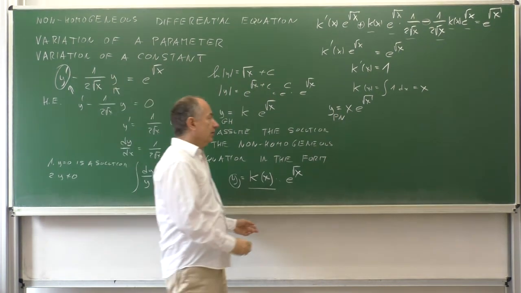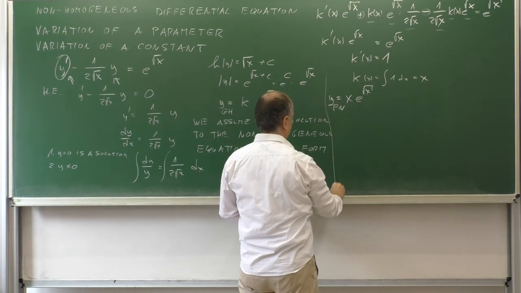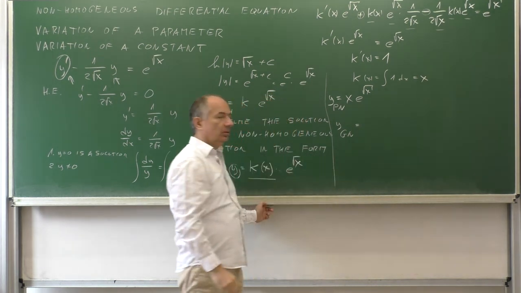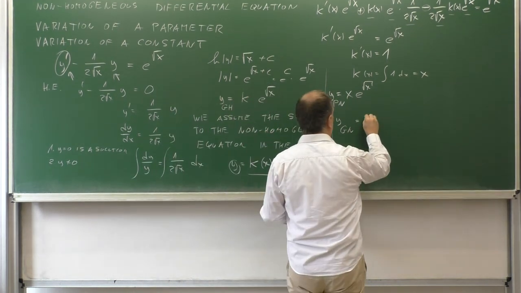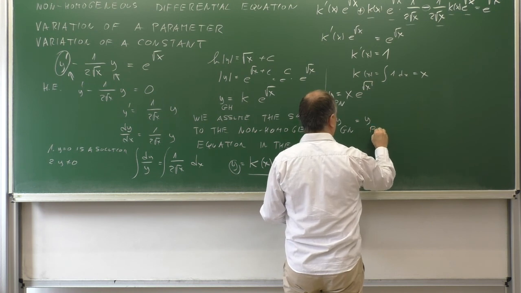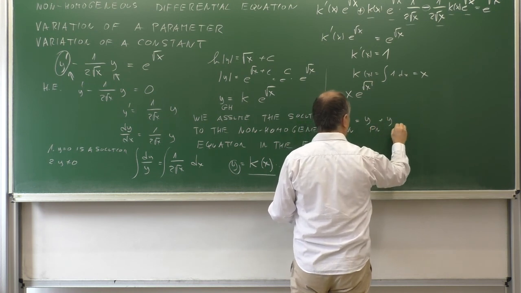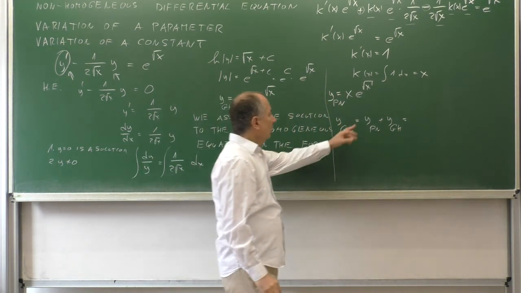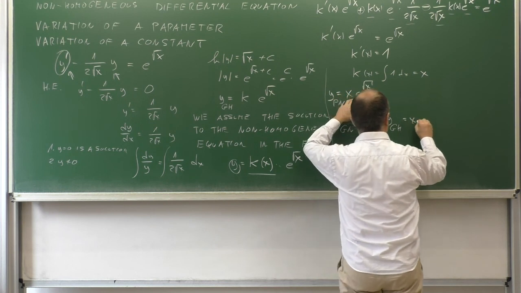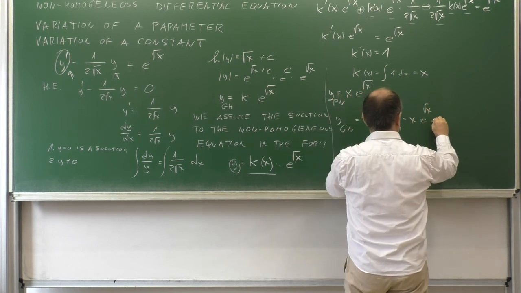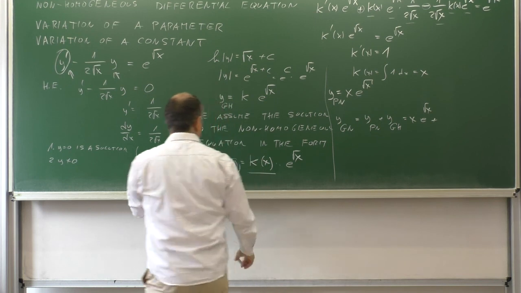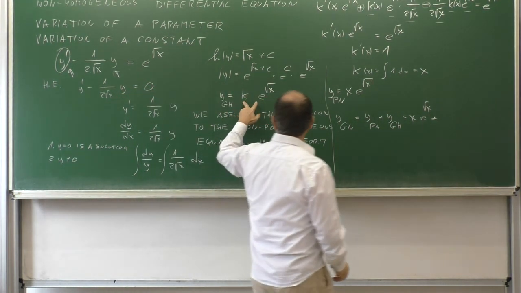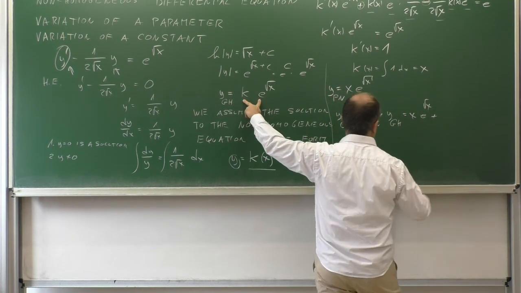And then the general solution to the non-homogeneous equation can be written as the sum of the particular solution to the non-homogeneous equation plus the general solution to the homogeneous one. Y is here, x e to the square root of x plus, and the general solution of the homogeneous equation is here, a constant times e to the square root of x.